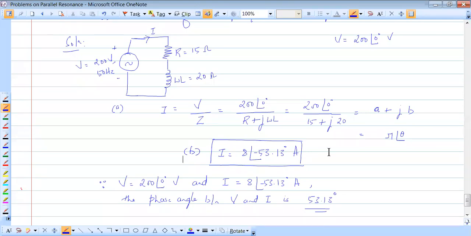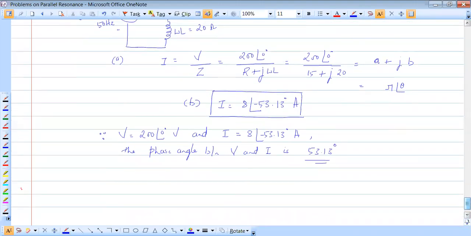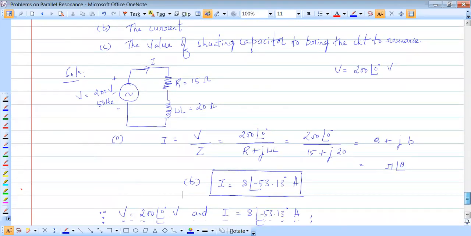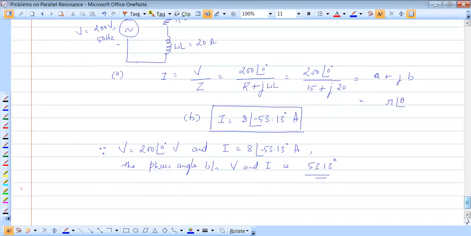Now what is question number C? Value of shunt capacitance that needs to be connected across the circuit to put the circuit in resonating condition. So that's C.